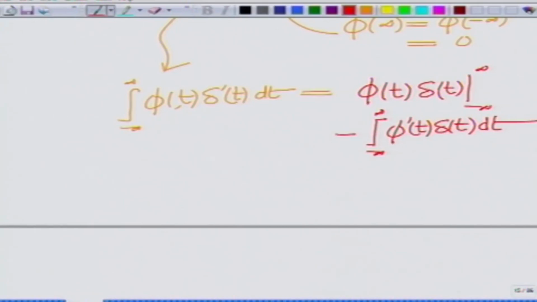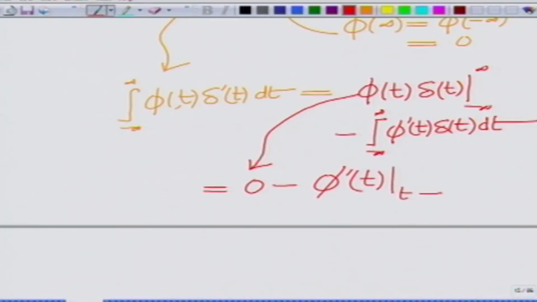Now, delta t at t equal to infinity is 0, and we have assumed phi of infinity is 0. So phi of t delta t evaluated at infinity is 0. Similarly, phi of t delta t evaluated at minus infinity is 0. So this quantity is equal to 0 minus the integral from minus infinity to infinity of phi prime of t delta t dt. We know this quantity is nothing but phi prime of t evaluated at t equal to 0.